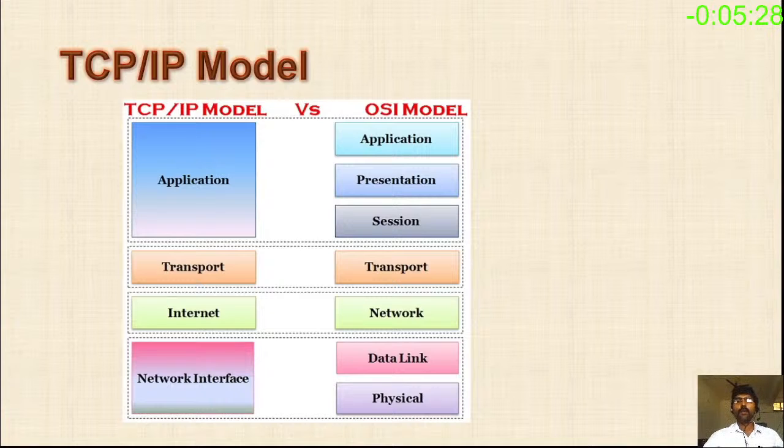The next one is called the network access layer. In this layer, the source computer connects with the destination computer using protocols such as Ethernet, token ring, etc. This layer also contains network devices that are attached to the network.